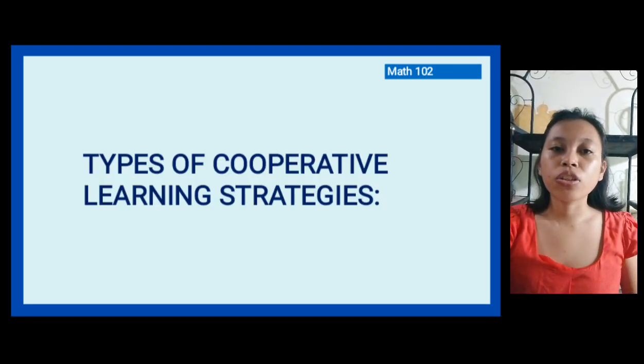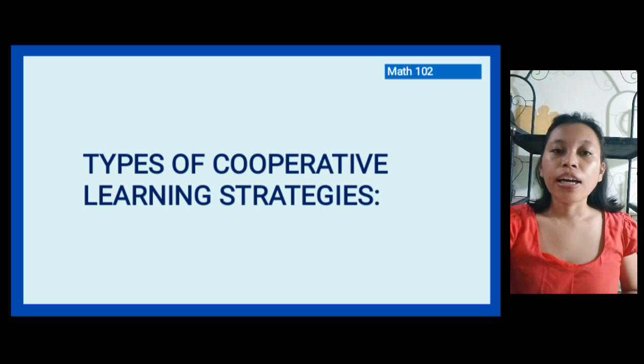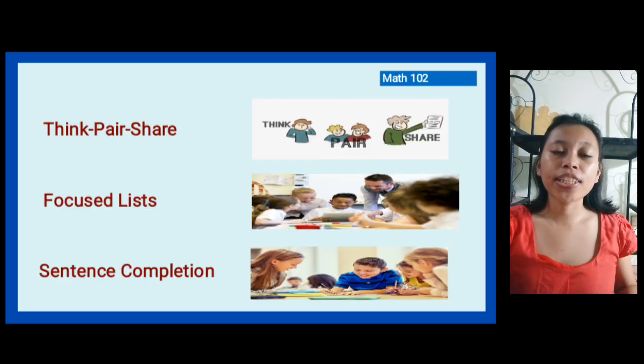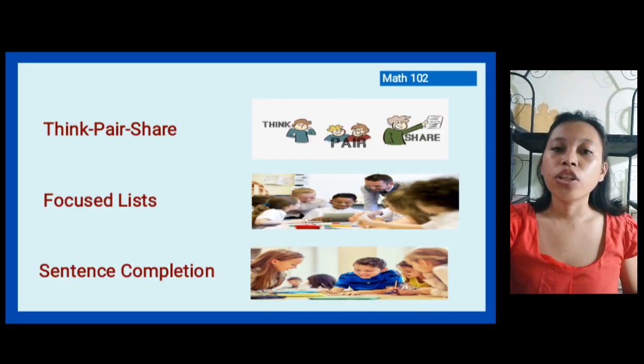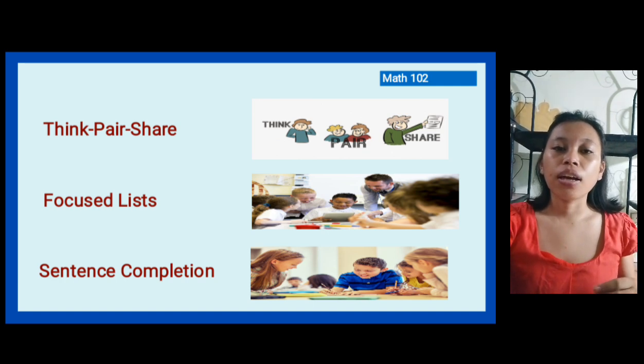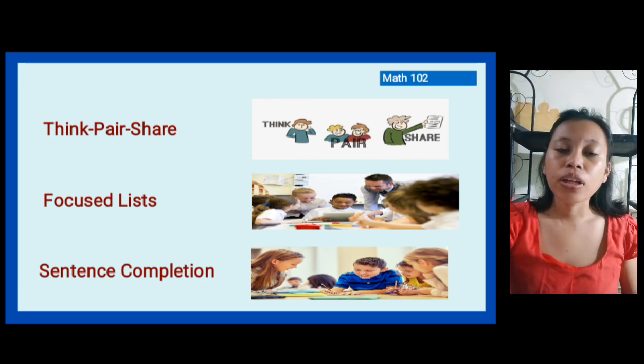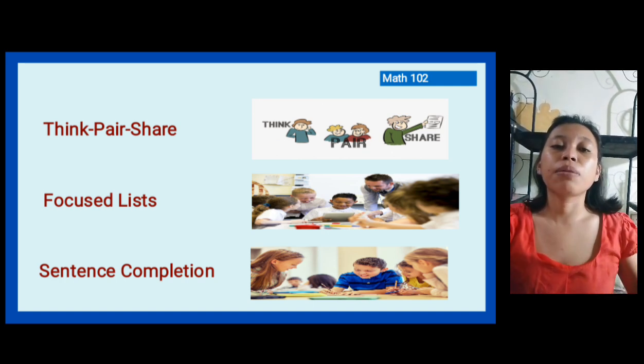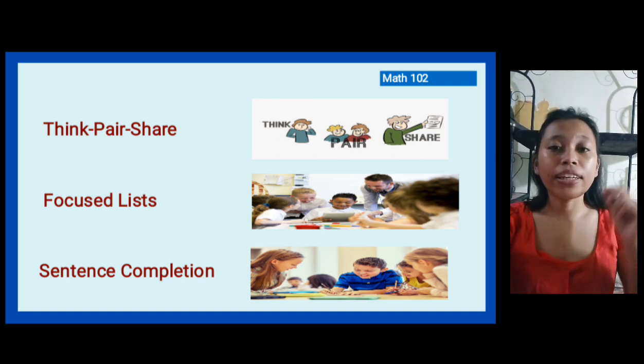Now let's proceed to the types of cooperative learning strategies. First, let us know the think, pair, share. In think, pair, share, the teacher asks a question to the whole class, and students get some solo time to think about a possible answer or to write it down.